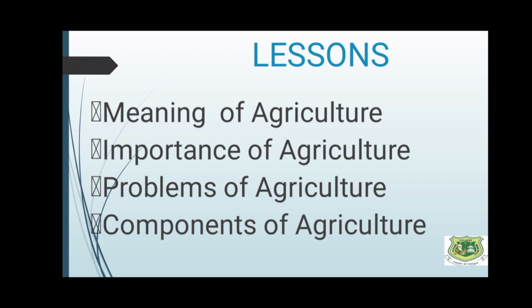This agriculture we are practicing, is it of any importance to us? Yes. Agriculture plays an important role in the development of an economy. 1, it creates employment opportunities. Agriculture provides employment opportunities to many Nigerians who otherwise would have been jobless.